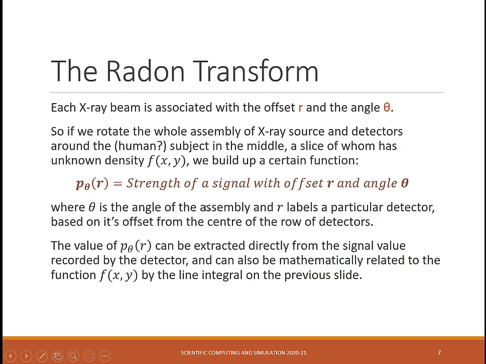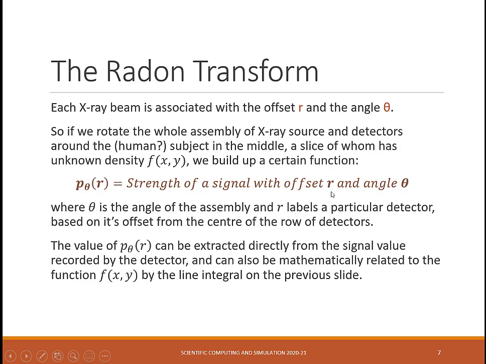As explained earlier, each X-ray beam is associated with two parameters, the offset value r and the angle value theta. Let's define a function p(theta, r) that determines the strength of a signal with an angle of theta received by a detector number r.